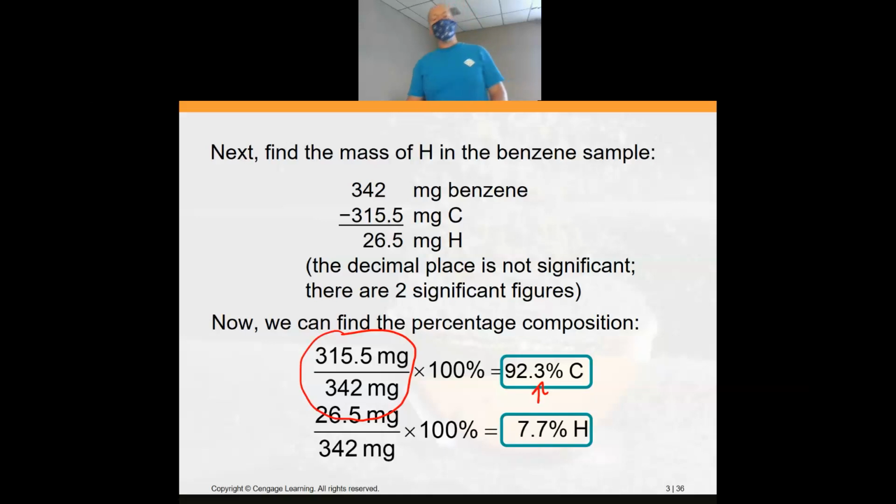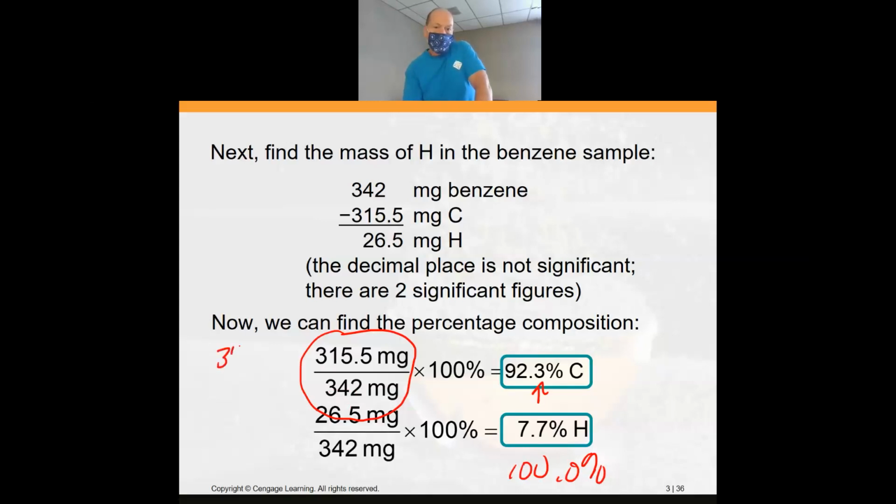Right. And then, well, they do it a different way. I would not do it this way. But it could be the question. And what's your percent hydrogen? That could be the question. 7.7%. Simply know that they have to add up to 100.0%. If it said how many milligrams of hydrogen is in this sample? Well, we know that the total is 342.